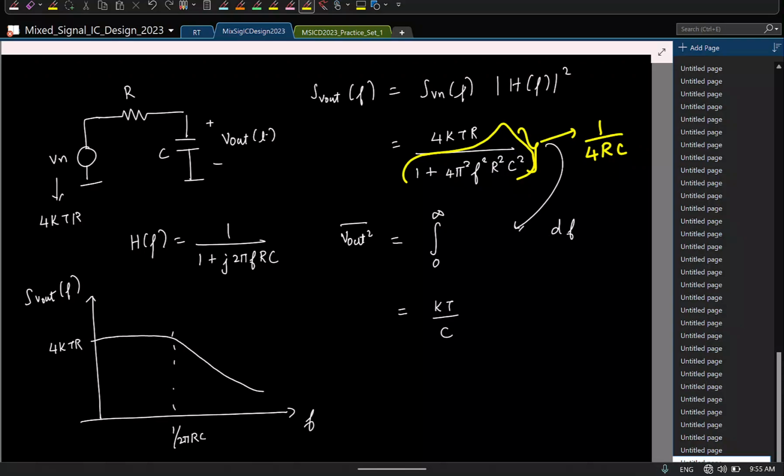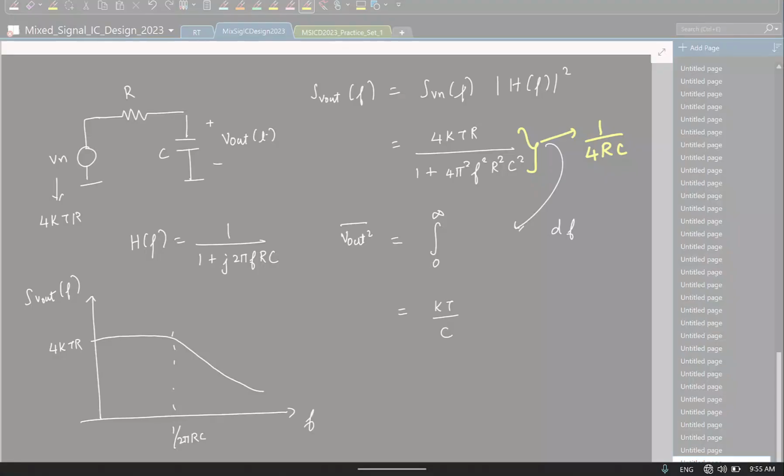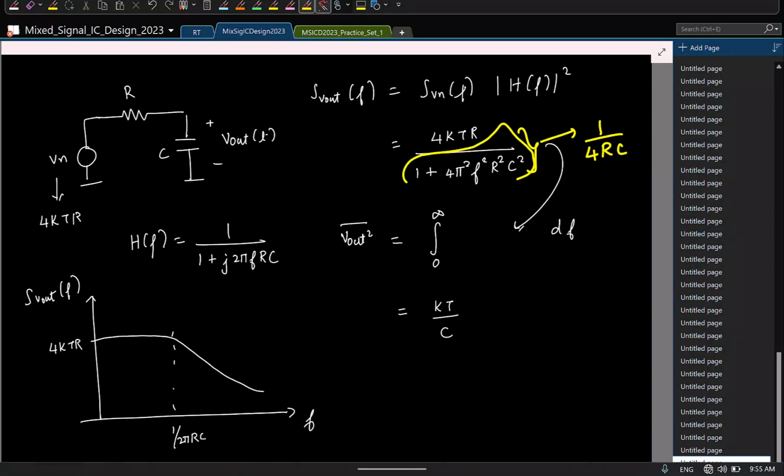So 4kTR times 1 by 4RC gives kT by C. For those of you looking at this result for the first time, it might be surprising because the noise is generated by R, but R is not coming into the mean squared. That's simply because if you reduce the value of the resistor, this drops down, but the bandwidth increases, so the overall area remains the same.